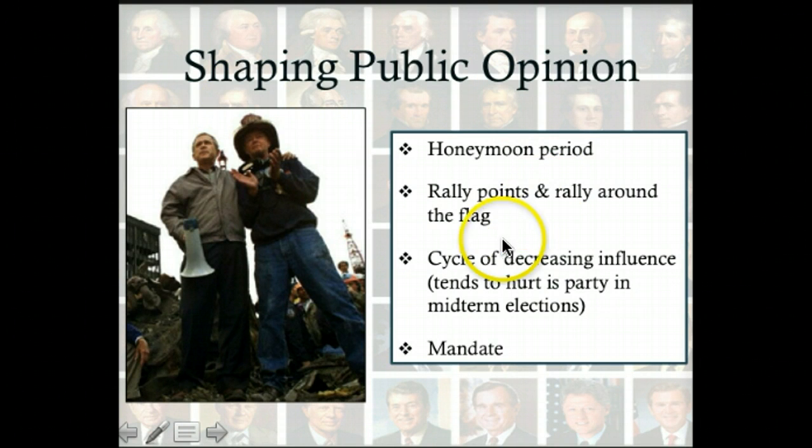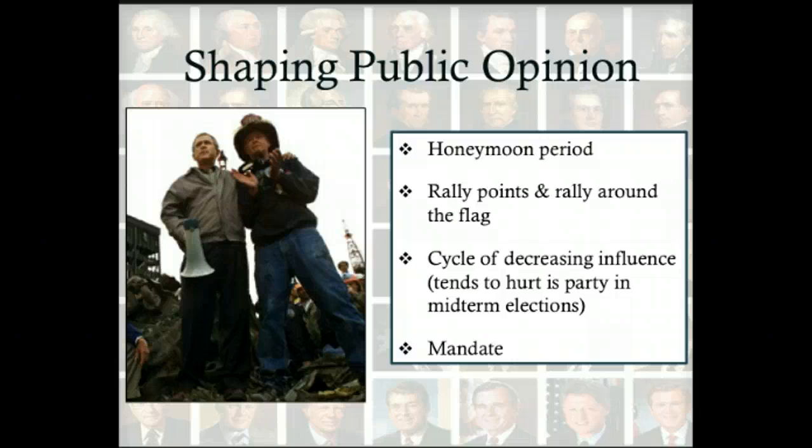Rally points, or rally around the flag points, is kind of known as both. This is the boost in public opinion percentage numbers that the president receives following a crisis. If, and here's the caveat, and remember this, he gets this boost in public opinion if he handles the crisis decisively and concisely.